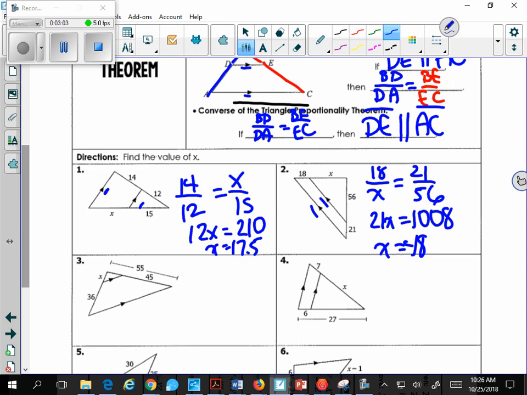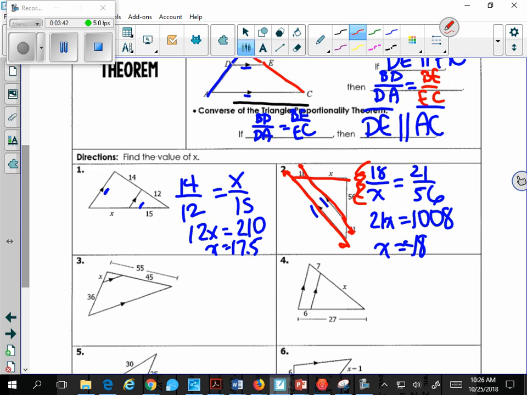Now, a question that we got last time: how do I really know what to put in proportion with each other? In this specific instance, if I'm using this theorem, I'm looking at the ratio between the segments that are made from these parallel lines coming through. To use this theorem and this proportion, the things that are on the same side are going to be in the same ratio, which is a little bit different than what we talked about with similar triangles and making those ratios.